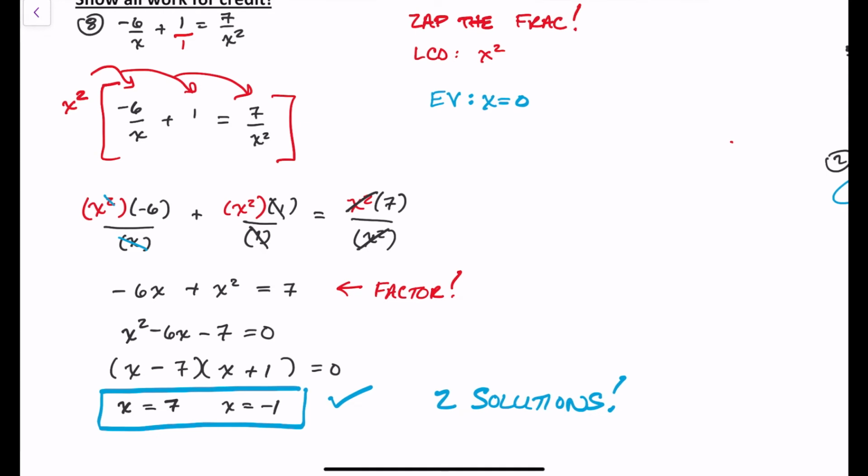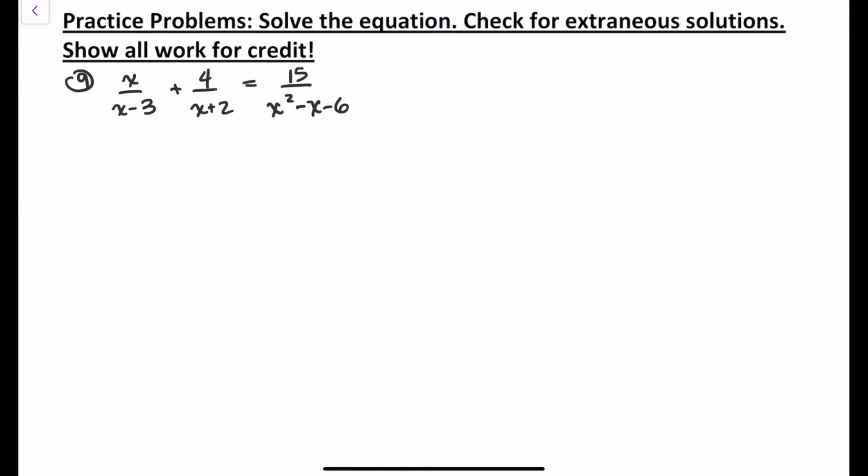So almost there, just two more problems. Number 9. So what would you do here? Let's start by factoring this trinomial, and then we can figure out what our least common denominator is. In this case, again, I have three different denominators, so I'm going to zap that fraction.